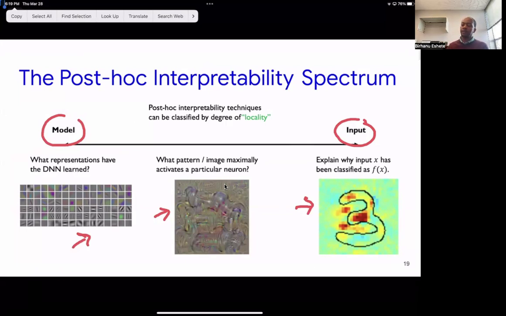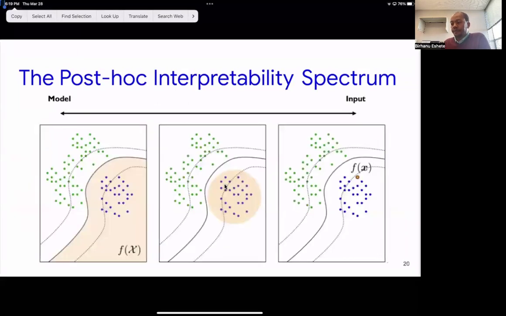You can start with the input and go to the model. When you look at the post-hoc interpretability spectrum differently, you can classify it into three stages. If you start with the model, you're basically understanding the boundary between two or more classes.